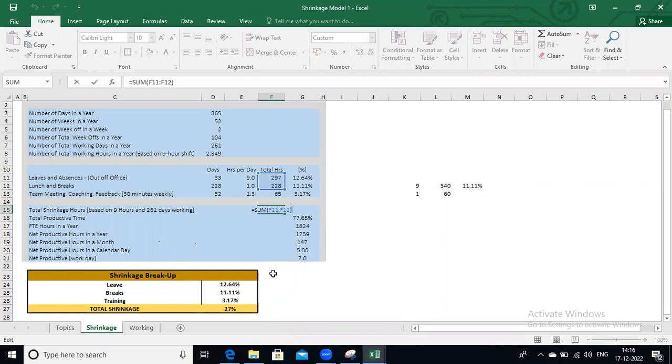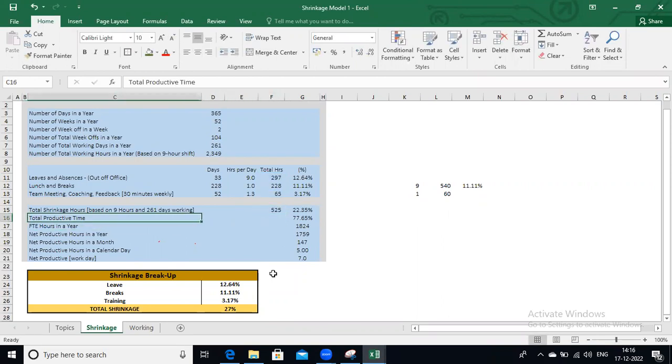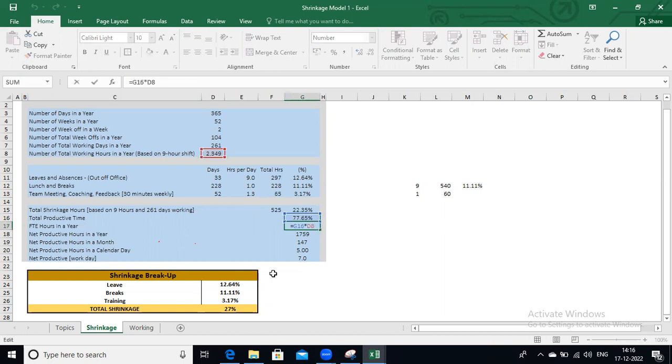And if we calculate the total productive hours percentage, that is 77.65%. So if we are taking 77.65%, that is 1824 for a year.